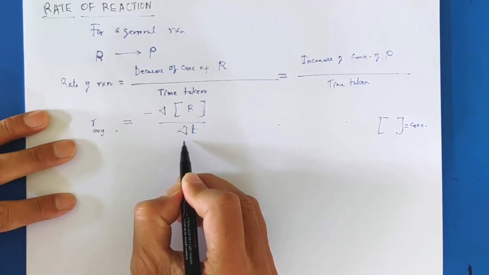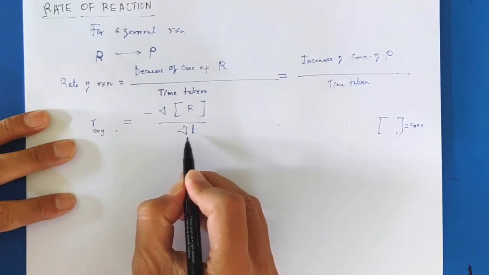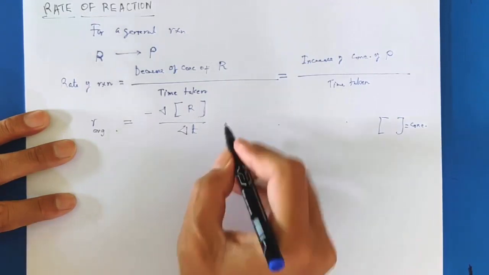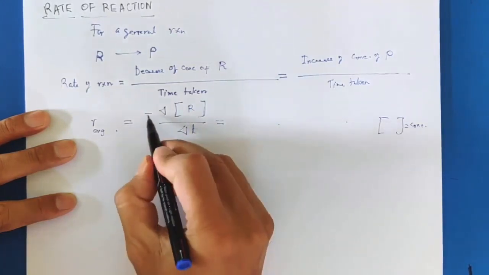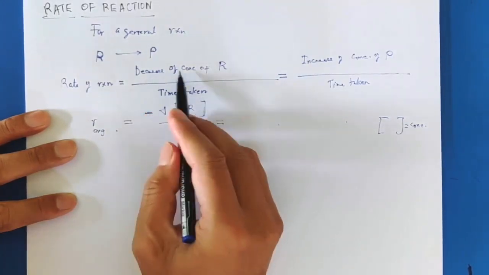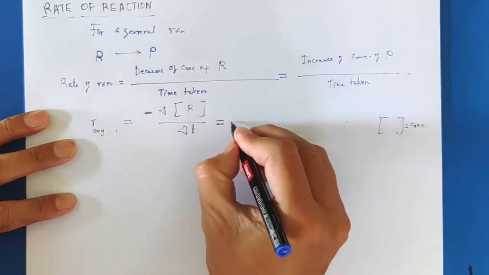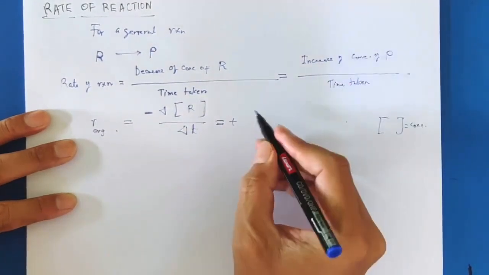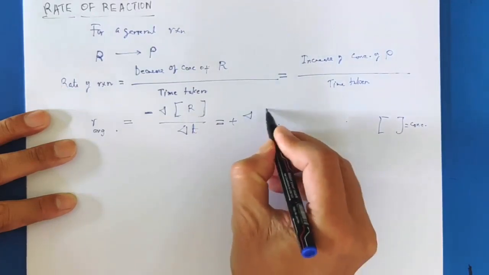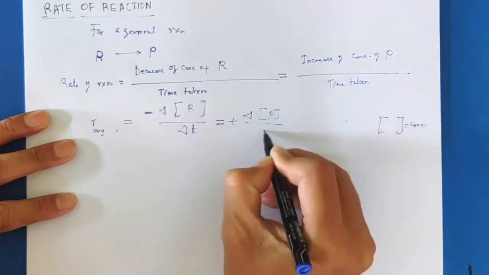T equals 0, t equals 5, so delta t, the change in time, is 5 minus 0. There is a minus here because the concentration of reactants decreases. It equals plus when the concentration of product is increasing: delta concentration of P over delta t.